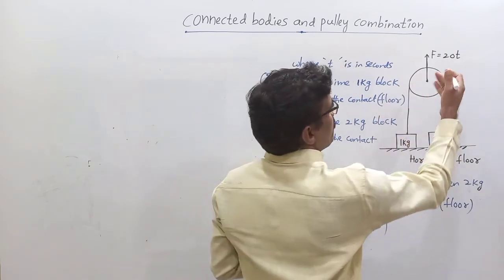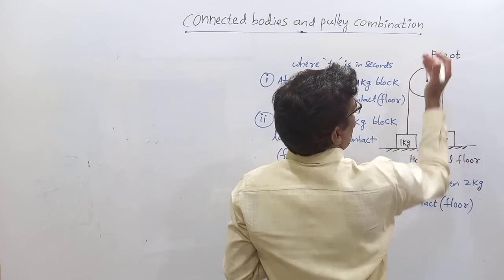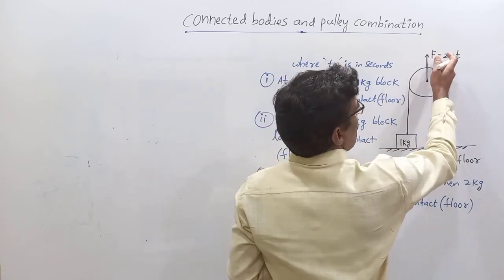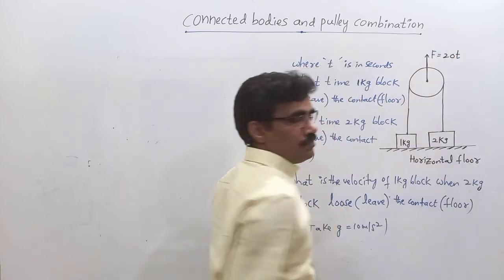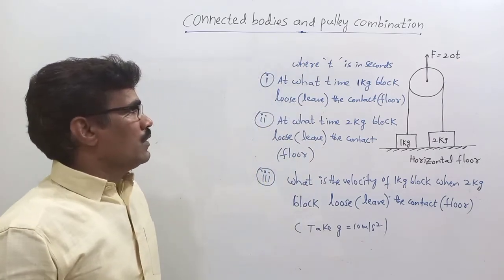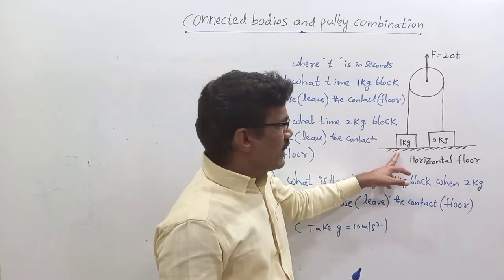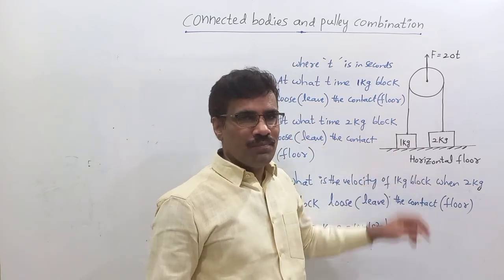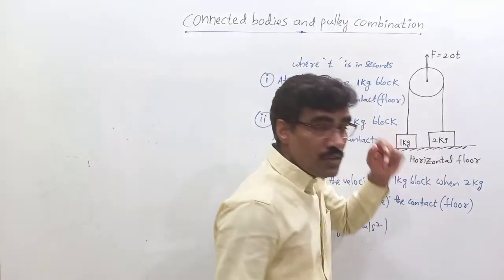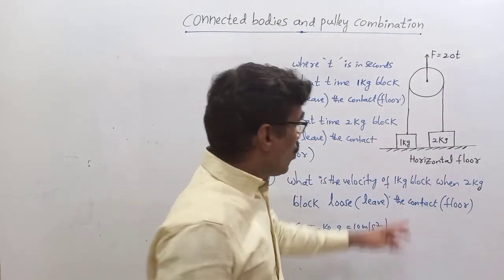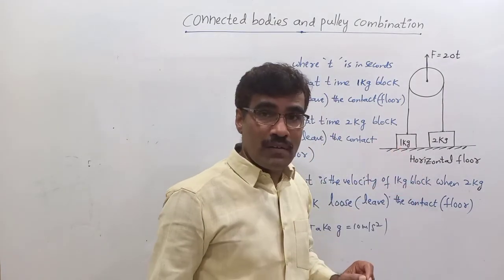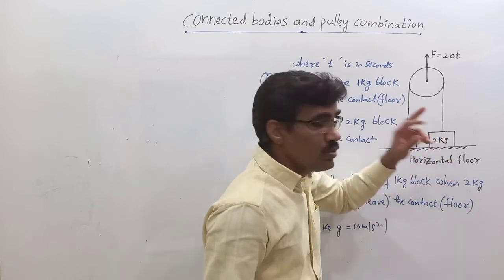As time increases, the force acting on the pulley also increases. The relation is F equal to 20T. Then what do you want? At what time does the 1 kg block lose contact? At what time does the 2 kg block lose contact? What is the velocity of the 1 kg block when the 2 kg block loses contact?